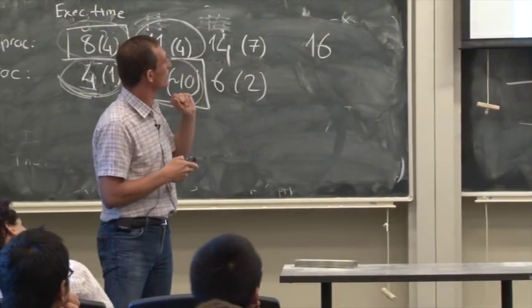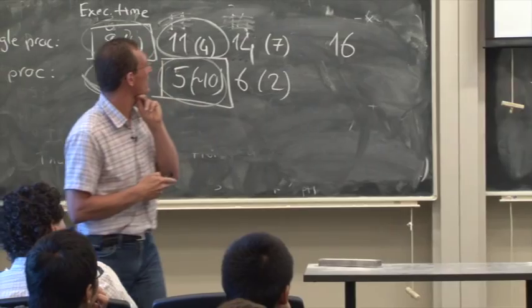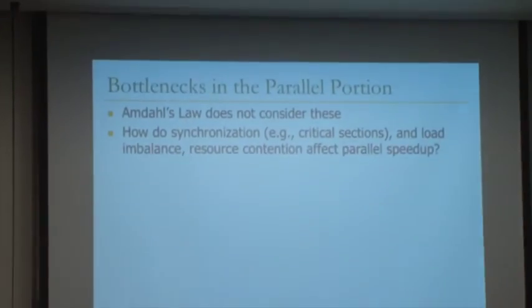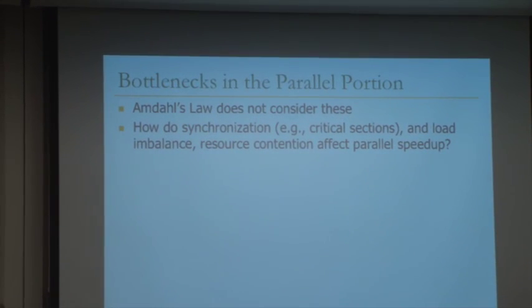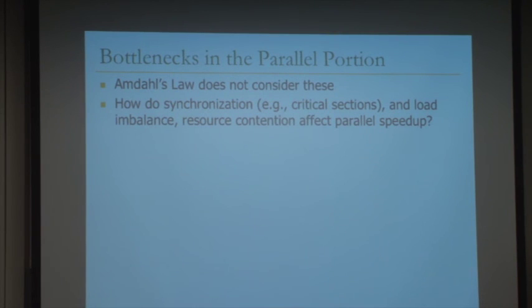And one theoretical potential research project, if you're interested: Amdahl's law doesn't consider the bottlenecks in the parallel portion, right? So we don't even have an intuitive model to think about the parallel portion. Amdahl's law is great because it has this abstraction, sequential versus parallel. And we can think about, oh, my sequential portion is this much.